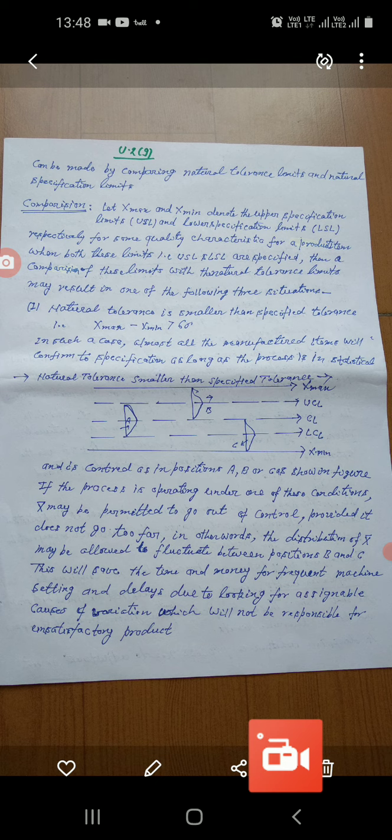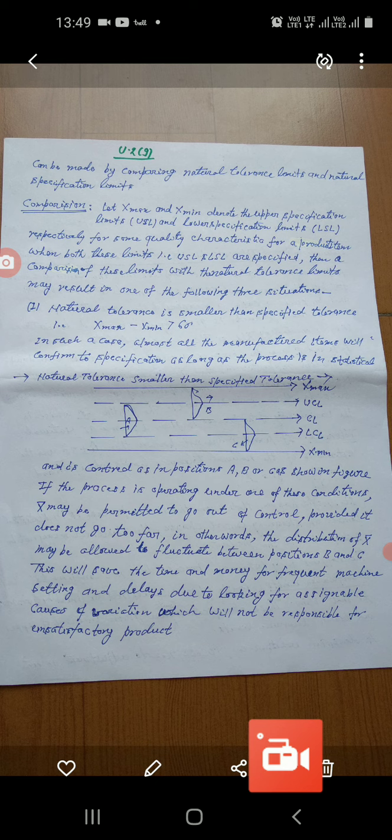In such a case, almost all the manufactured items will conform to specification as long as the process is in statistical control and is centered, as in positions given as A, B, or C as shown in the figures.